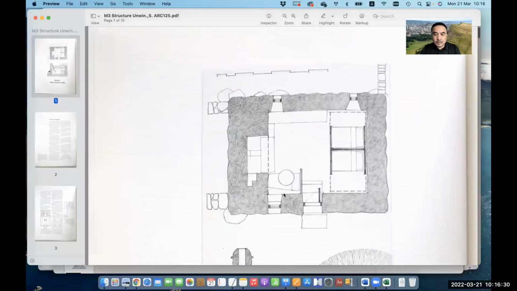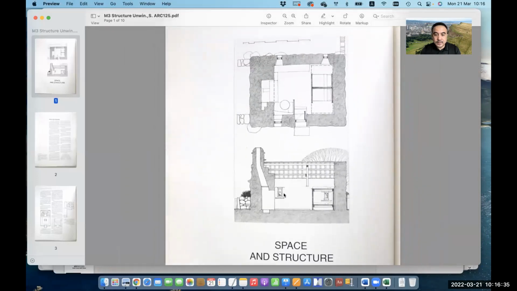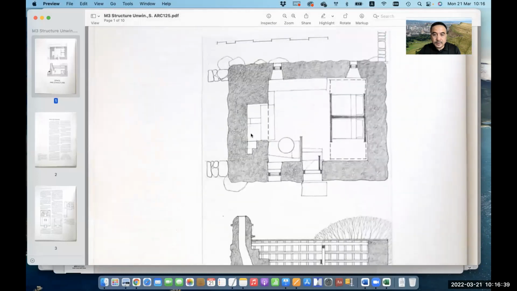Read this article, "Space and Structure." This is a plan of the house.